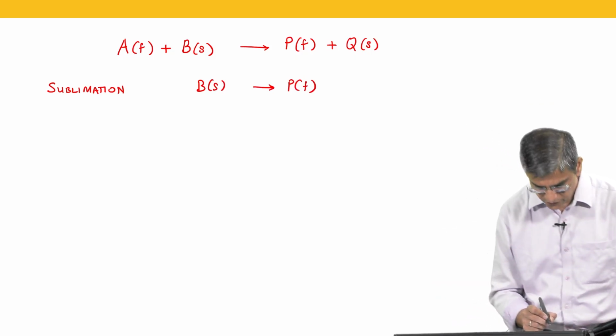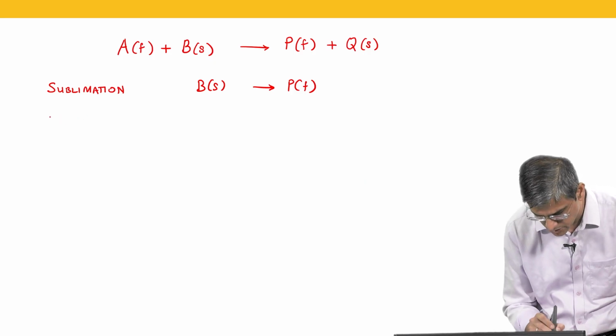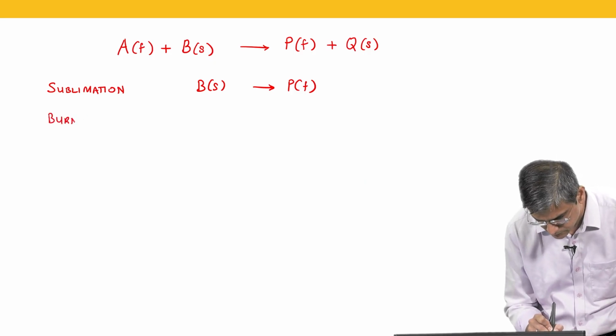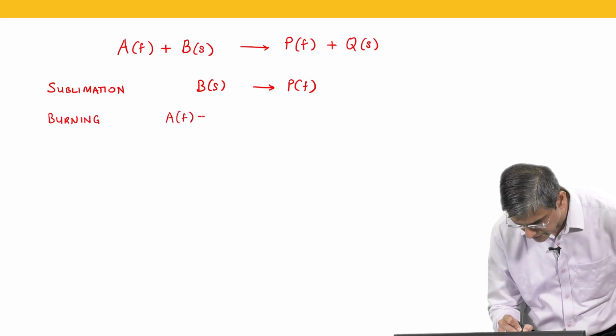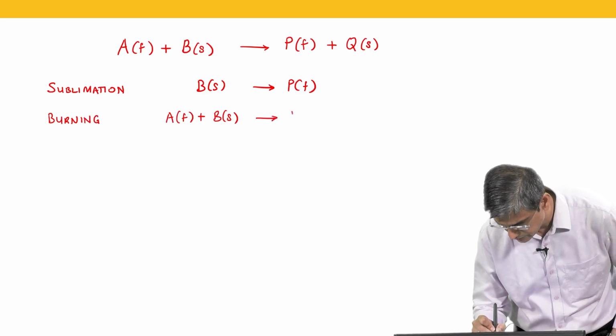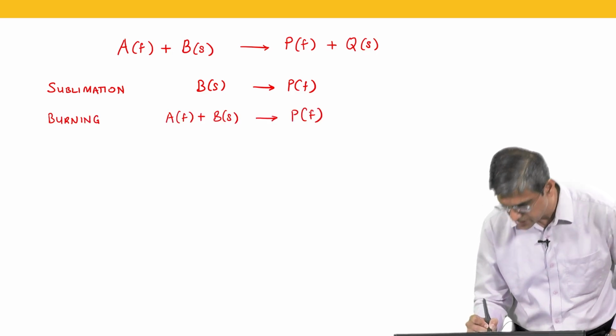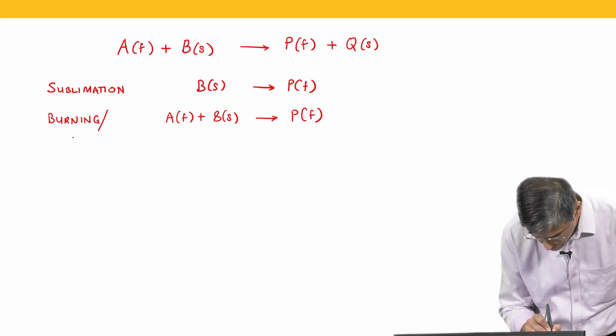If we are talking about camphor oxidation or burning, that is going to be Af plus Bs giving you Pf, or dissolution.